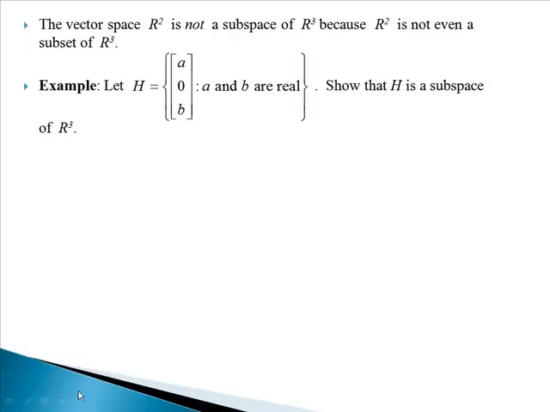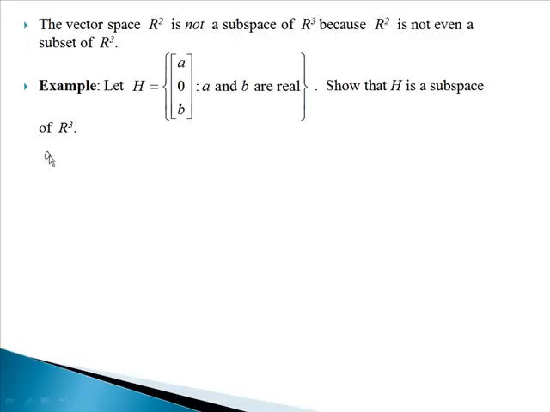However, we are going to look at something in R3 that resembles R2. In this example, we have H being equal to the set of vectors A, 0, B, where the second entry is always 0 and the first and third entries, A and B, are real numbers. So we want to show that H is a subspace of R3. To show it's a subspace, we need to show that those 3 properties hold.